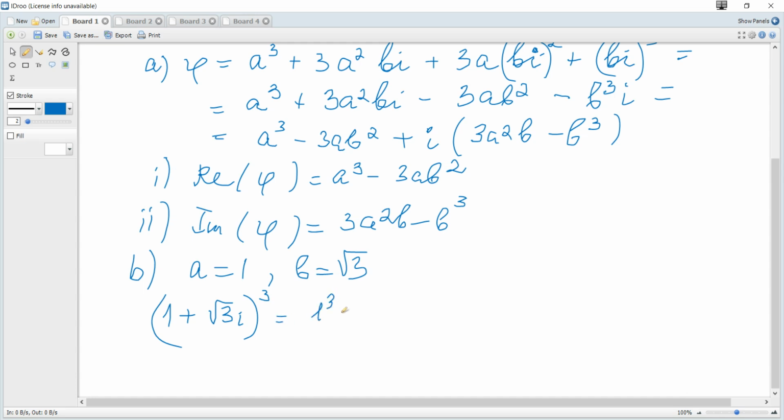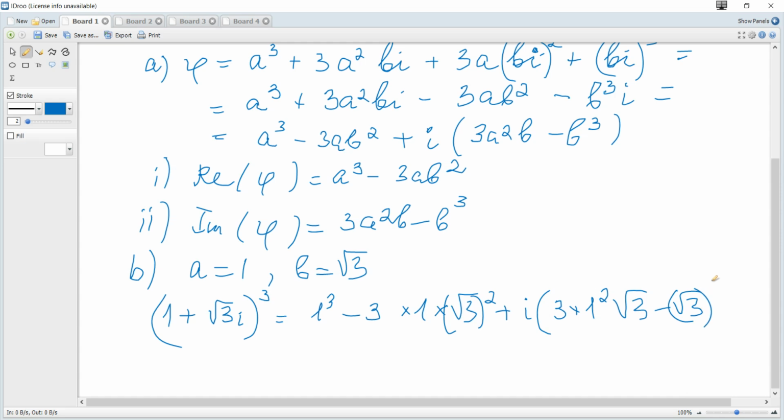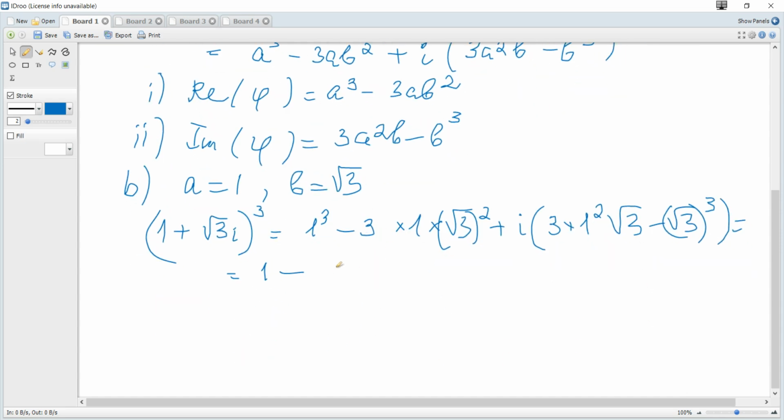So it becomes 1 cubed minus 3 times 1 times root 3 squared, plus i(3 times 1 squared times root 3 minus root 3 cubed), which is 1 minus 9 plus i(3 root 3 minus root 3 cubed), and it's also 3 root 3.